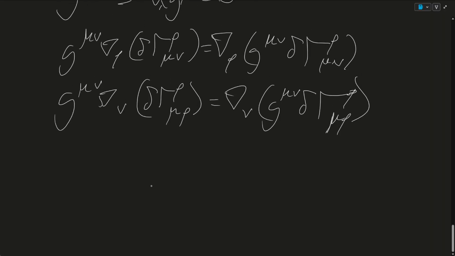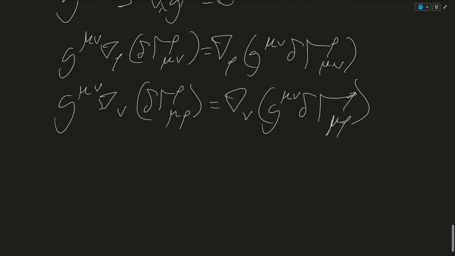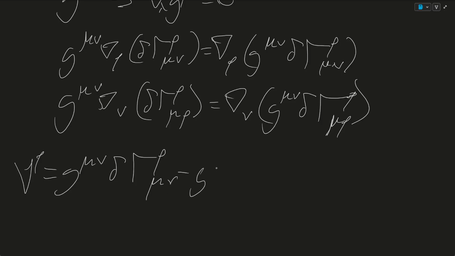And we can relabel indices to extract a total divergence here by letting rho equal g to the mu nu delta gamma to rho mu nu minus g to the rho mu, delta lambda mu lambda. My eyes are hurting.